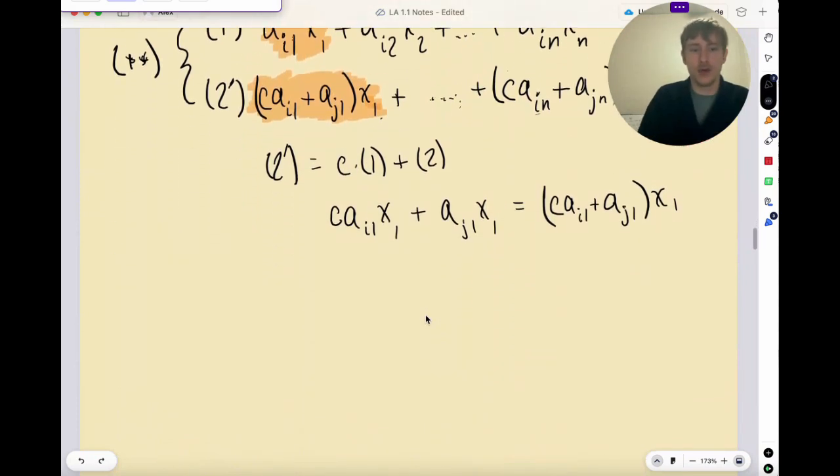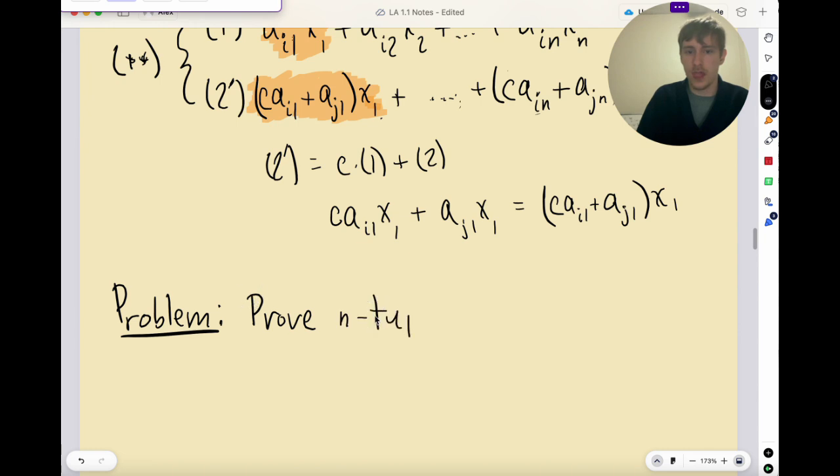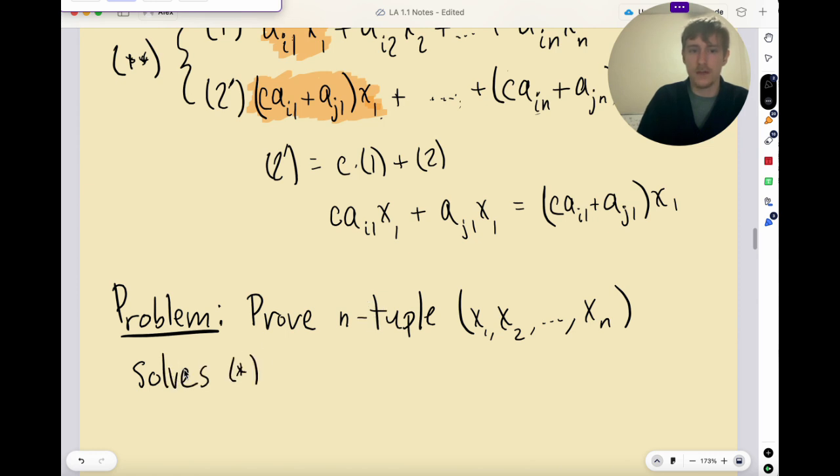Okay, so basically the problem that we're trying to solve is we have to prove that the n-tuple x1, x2, all the way up to xn, solves star if and only if it solves double star.